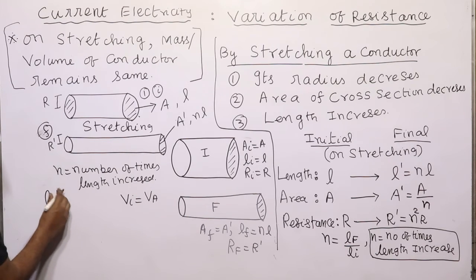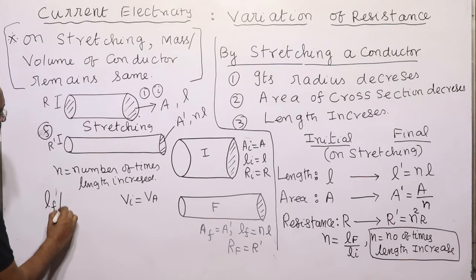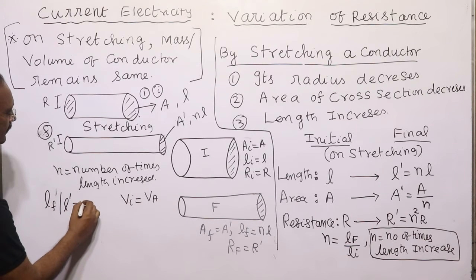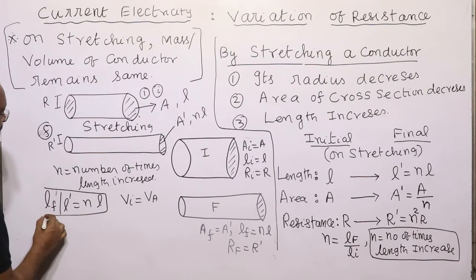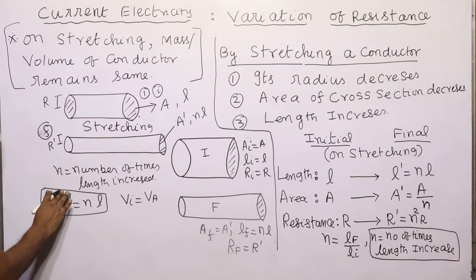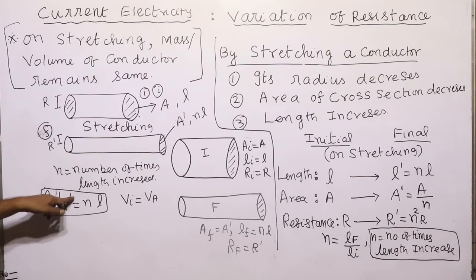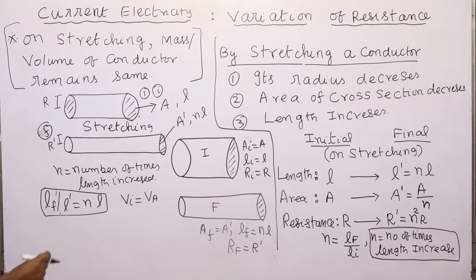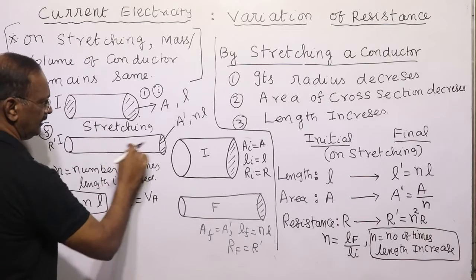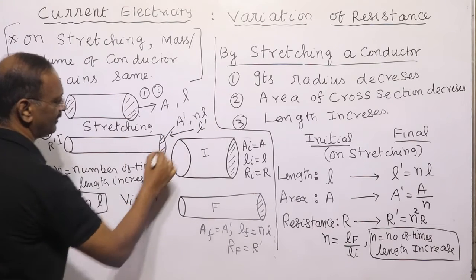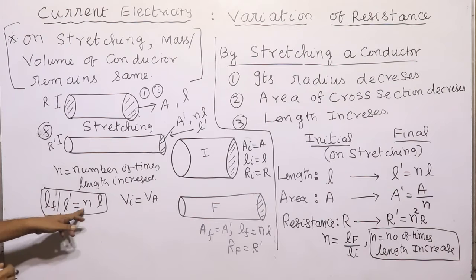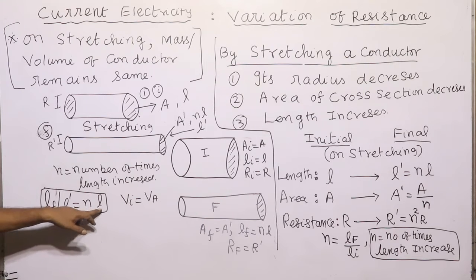The final length, L dash, is equal to N times the original length. It increases, where L is the initial length and L dash is the final length.